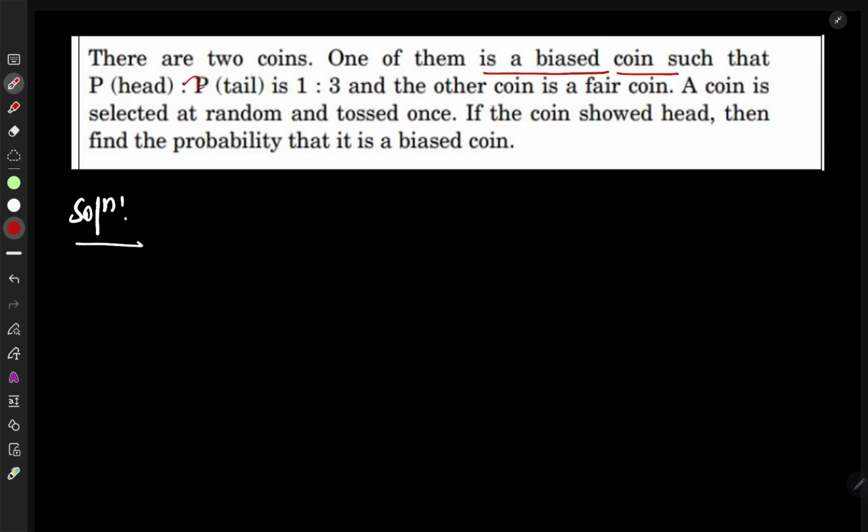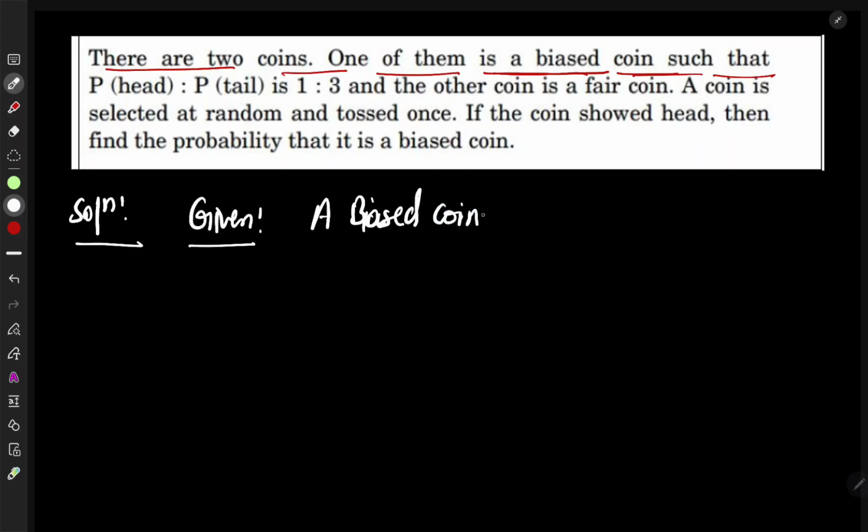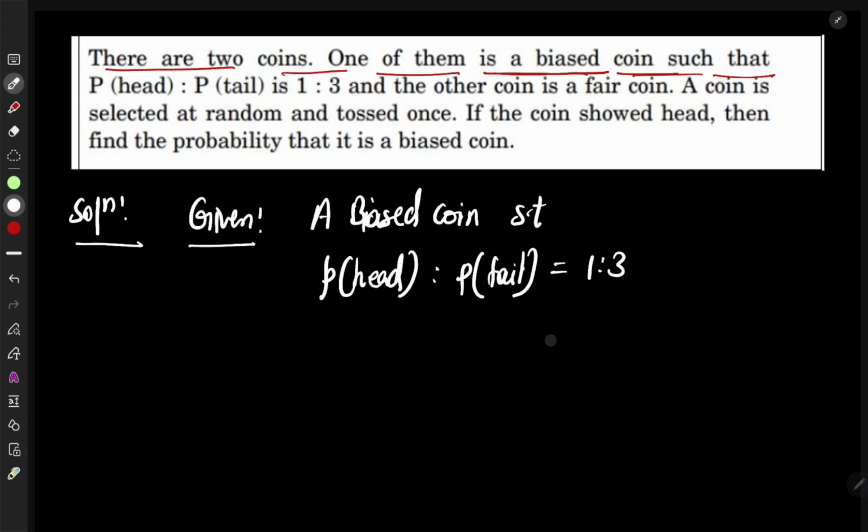So there are two coins, one of them is biased, such that for the biased coin, probability of head ratio probability of tail equals 1:3. Okay, let's say I am tossing, later on the things will come, accordingly we'll write.